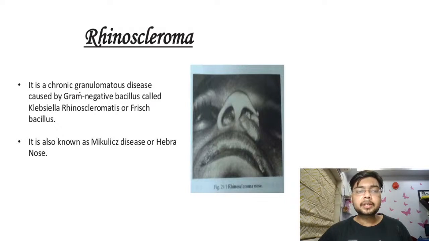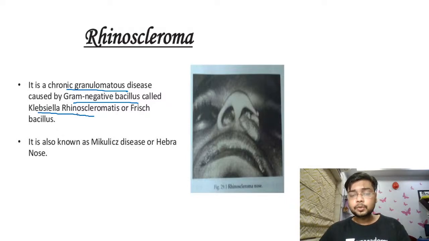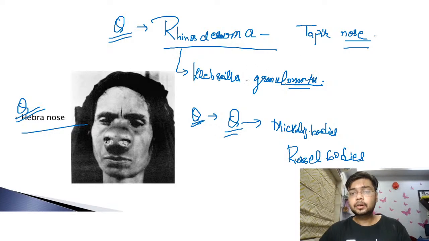So it is a form of chronic granulomatous disease which is caused by a gram-negative bacillus called Klebsiella rhinoscleromatis. One thing, out of a slip of the tongue, it is Klebsiella rhinoscleromatis.